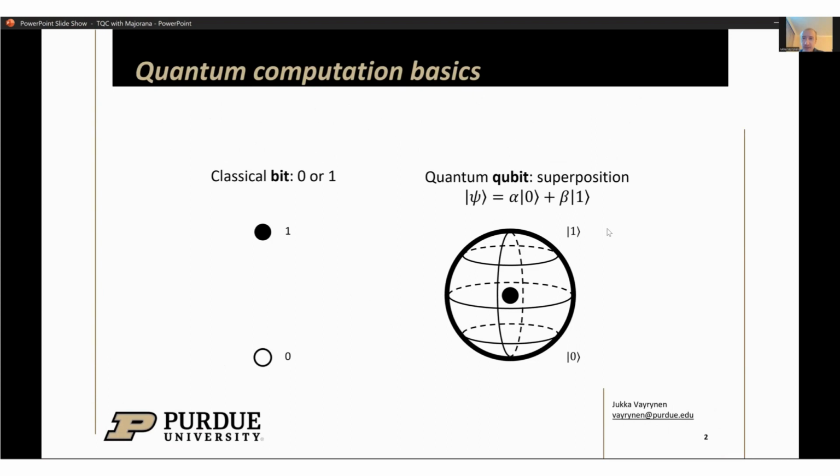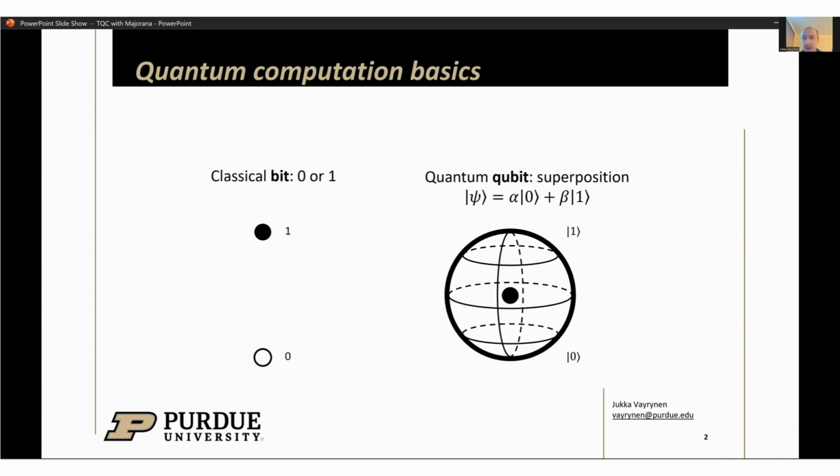So I think you have already heard yesterday from Prame's introduction to superconducting qubits what qubits are. So I won't spend too much time on the very basics, but just as a reminder, it's a two-level system, so you have two states, let's say 0 and 1.